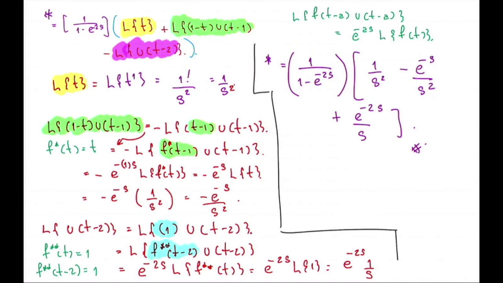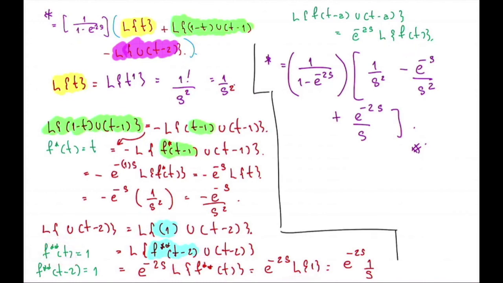And then it fits this theorem. f t minus a, u t minus a. So a here is 2. So we get e to the minus 2s, Laplace transform of f t, which is f star here for now. And then f star is 1.